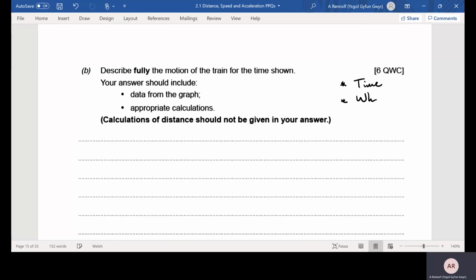Then we say what happens. We describe what happens. Is the thing accelerating? Is it decelerating? Is it traveling at a constant speed? Is it not moving? Then, as our third part of the sentence, we give data from the graph, or we give calculations to support what we're saying. So every sentence in this answer is going to be composed of those 3 things.